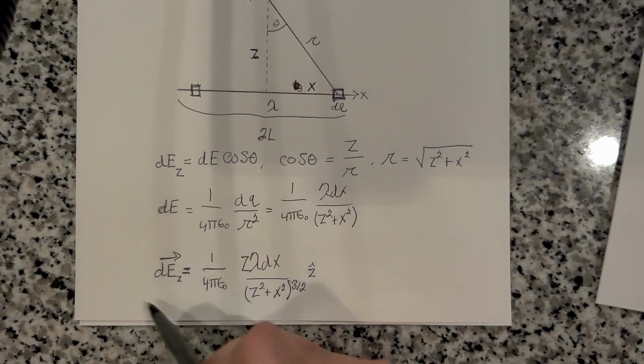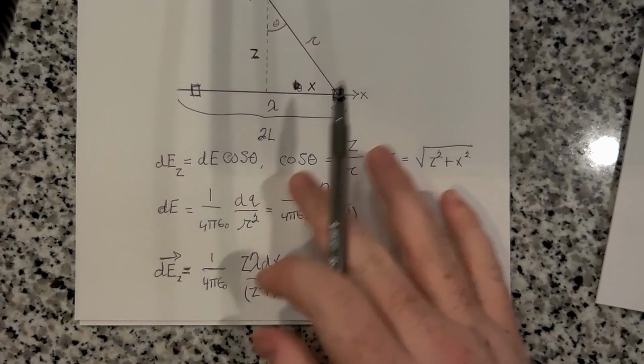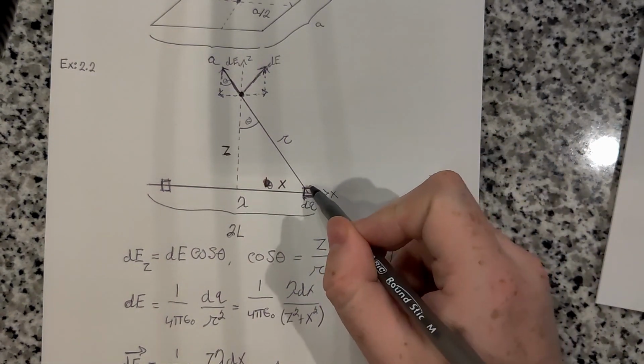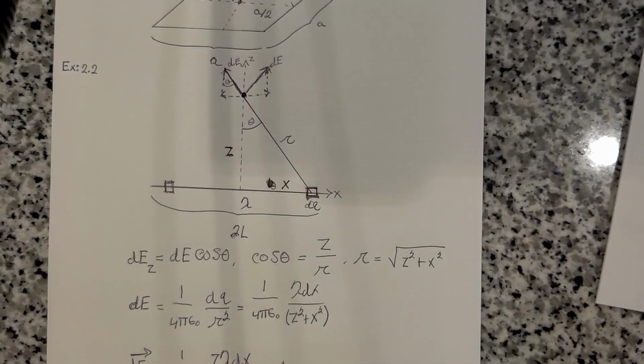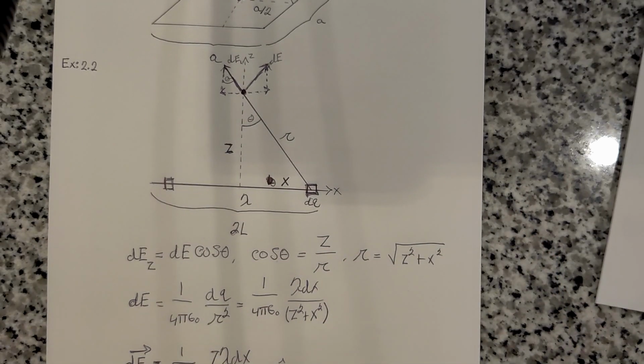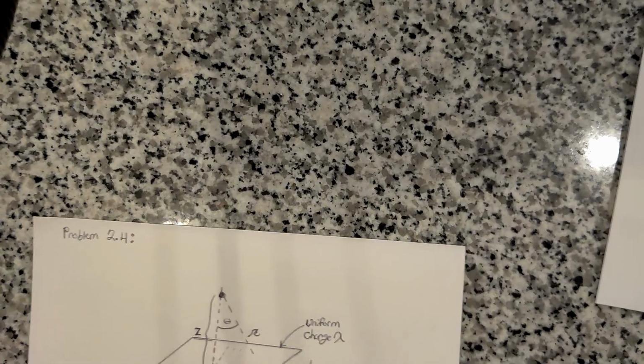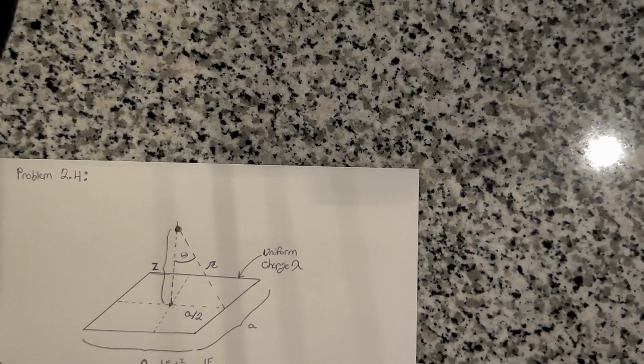So that is the vertical component, or the z component, of the electric field due to any infinitesimal charge along this wire. And so how do we find the total field? Well, we just integrate over the whole wire. All right? So let's go ahead and do that.